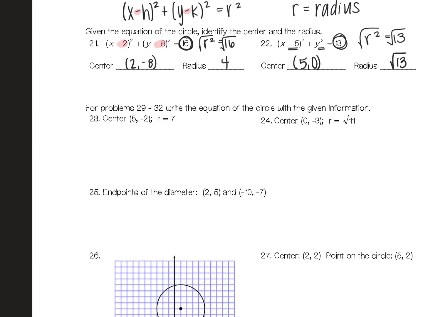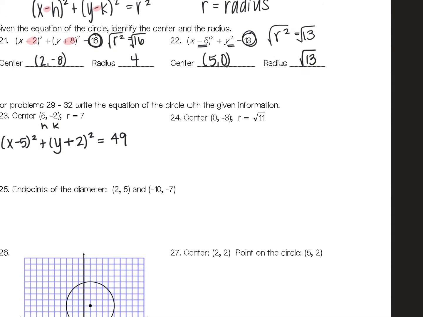Down here, it wants you to fill in the equation. So this is h, this is k, this is r. So it's x minus 5 squared plus y minus -2, which makes it addition squared, equals 7 squared, which is 49.